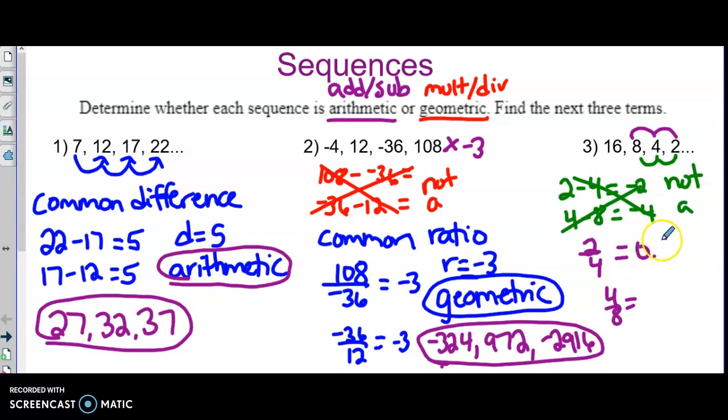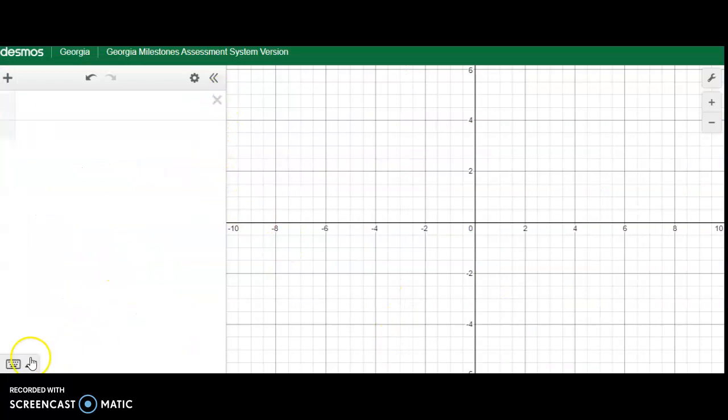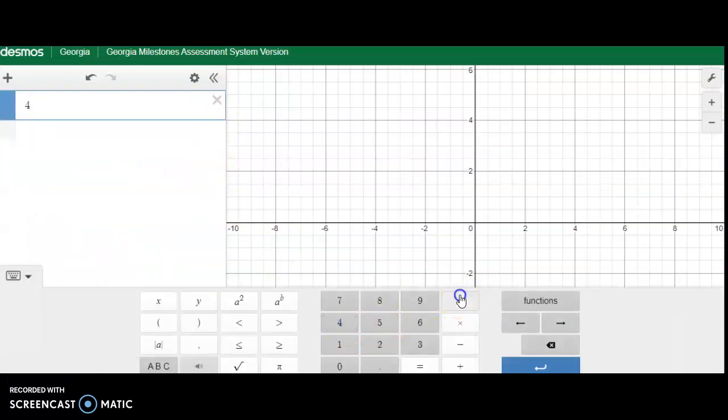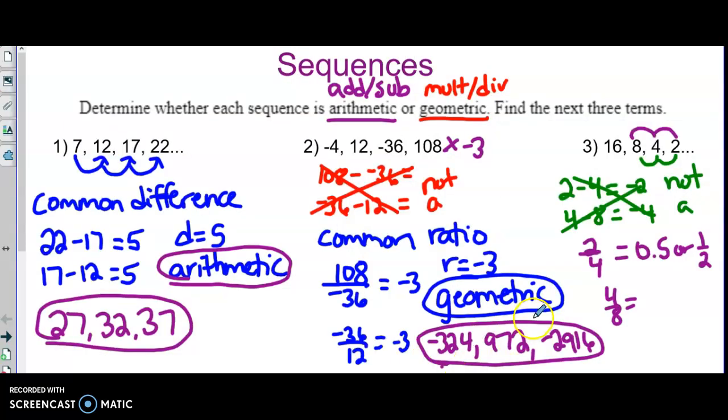And then 4 divided by 8 is also 0.5 or 1/2. So since they both equal the same thing, I know it's geometric. Let me go ahead and write that down.